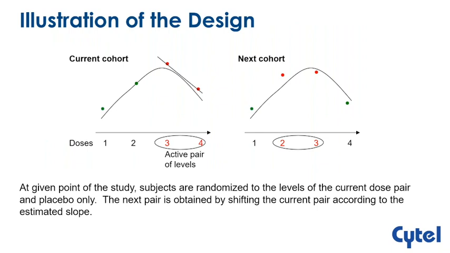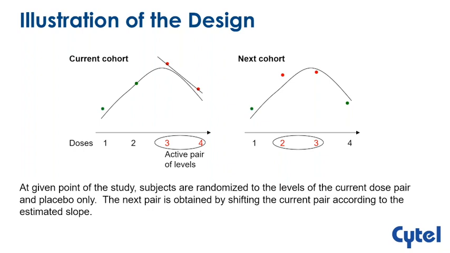And the way that works is as follows. Each cohort is assigned an adjacent pair of doses. For example, if the current cohort is at dose 3 and 4, and there's a negative slope, then the next cohort would get 2 doses lower because a negative slope means the peak is to the left.